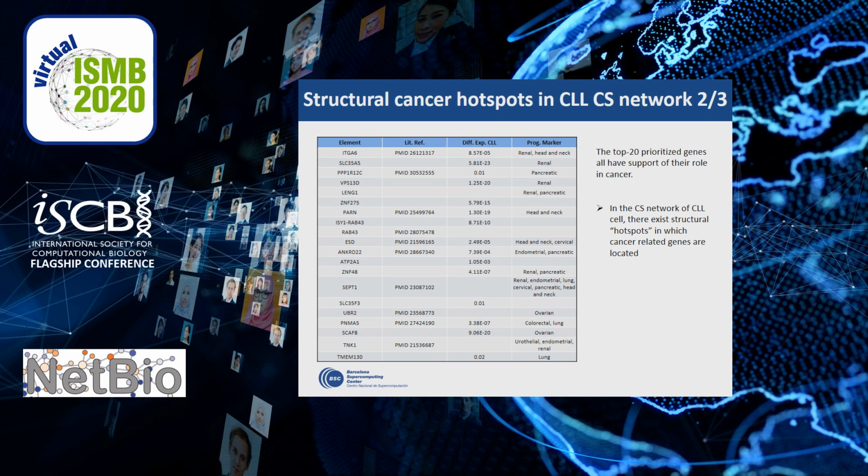To do so, we considered all the genes that are not known to have a role in leukemia and prioritized them according to their Grafflet degree vector similarity to the known leukemia driver genes. In the table here, we present the top 20 prioritized genes for which we were able to validate that all of them have a role in cancer.